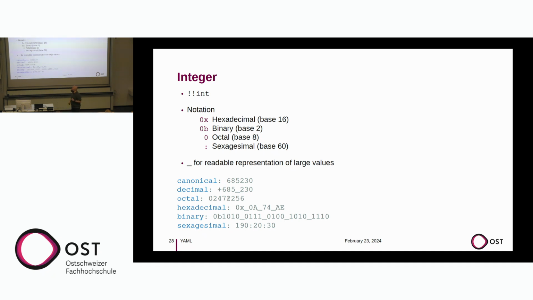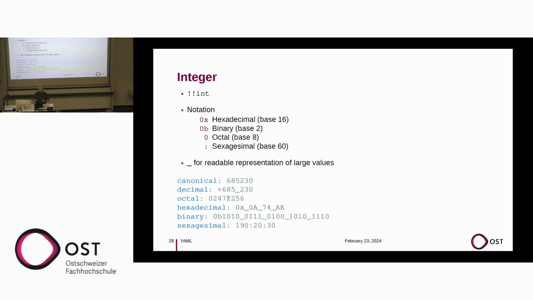So if you start with a 0 in version 1.1, this will be converted to decimal from octal. In 1.2, with a 0 it will be just an integer. But then you would need to have 0 and a small o in 1.2 to have octal. I would be really careful with this kind of magic features here.